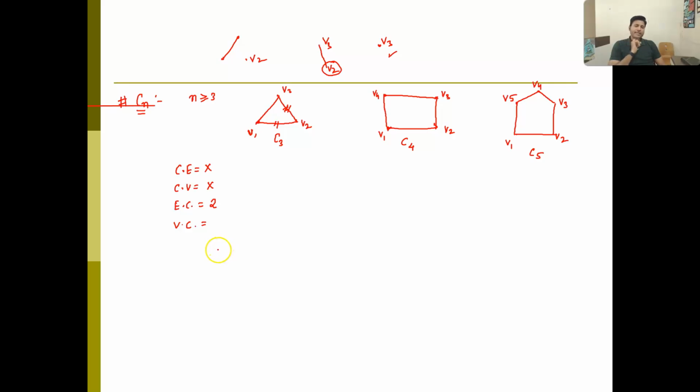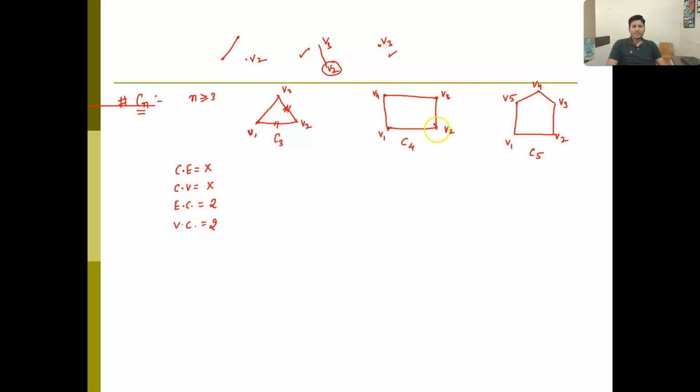In the same manner, vertex connectivity: if I remove V1, this is what is obtained. When I remove V2, this is what is obtained. By the second definition that we discussed in the last class, for vertex connectivity either the graph comes out disconnected or it is reduced to a single vertex graph. Over here, you can see the graph is reduced to a single vertex graph. So the vertex connectivity is 2.